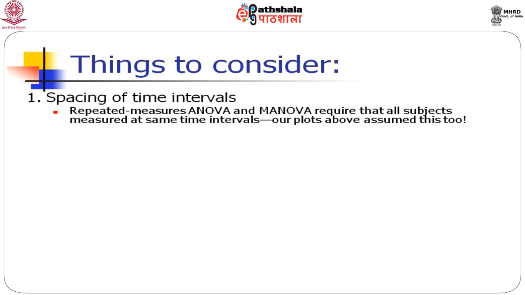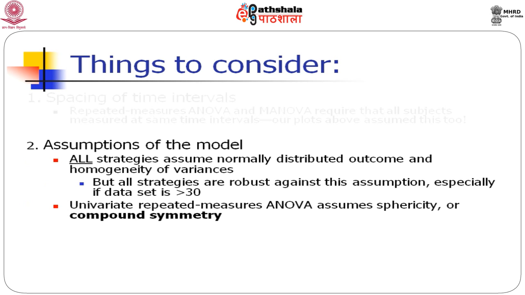The thing to consider is we always assume that the time intervals are equispaced. That means for repeated measures ANOVA, or for multivariate analysis of variance, we must assume that all subjects or all patients are measured at the same interval of time points. Okay? Because then our plots that we have shown earlier also show in a similar manner.